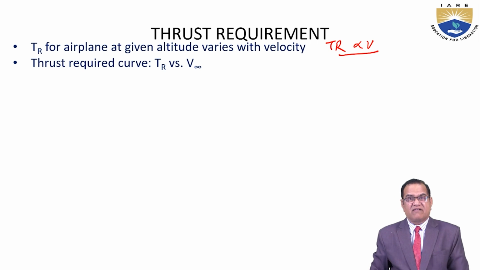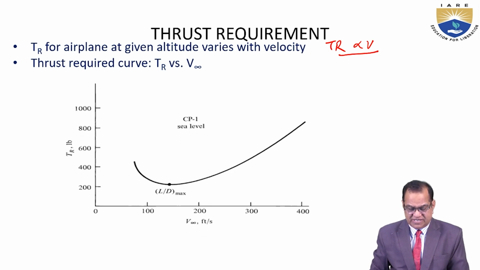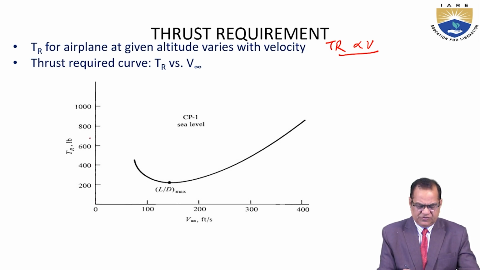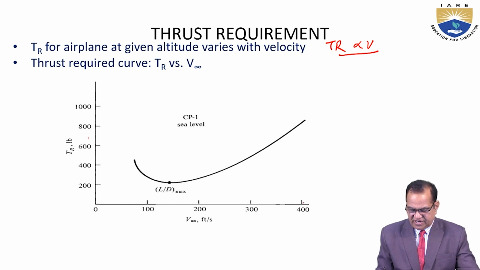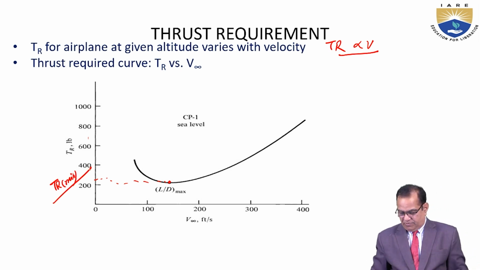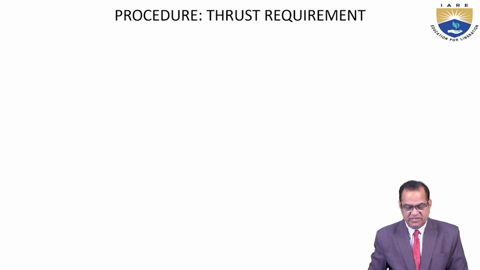Thrust required curve, TR versus V, is given here in pounds: 200, 400, 600, 800 and 1000. At the L by D maximum, you will get TR minimum. So this is the objective of this plot, to find this.